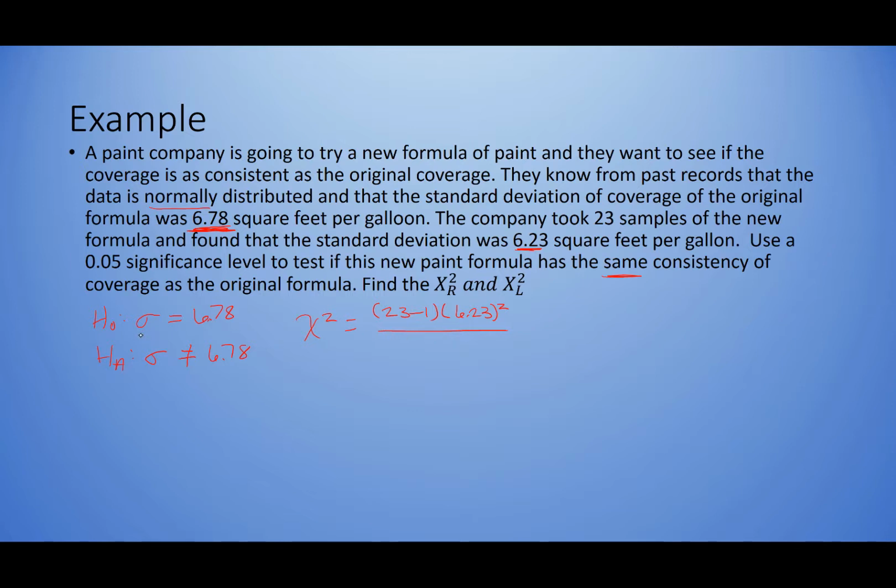Well, I already listed my population standard deviation over here as my 6.78 and I would need to square that. So when you punch all that into your calculator, you should end up getting approximately 18.575 or so. So that would be our test statistic.